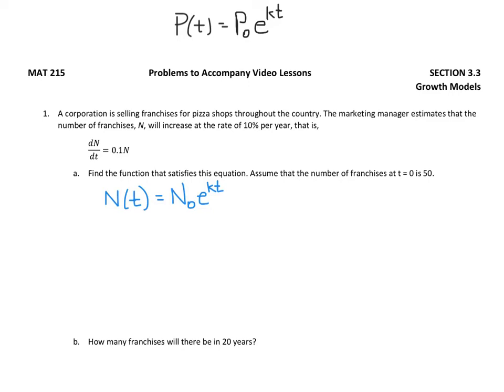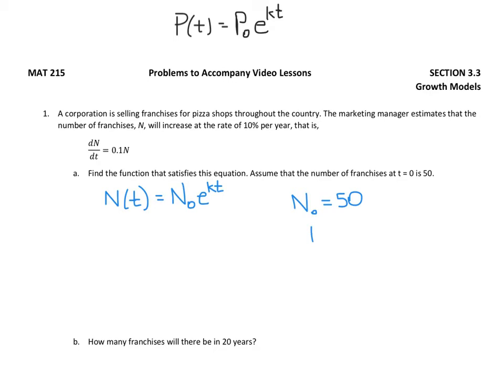Well, we're told to assume that the number of franchises at time t equals 0 is 50. So our initial population at time t equals 0 is 50. So N sub 0 is 50. We're also told that the number of franchises will increase at a rate of 10% per year. So that is our growth rate.